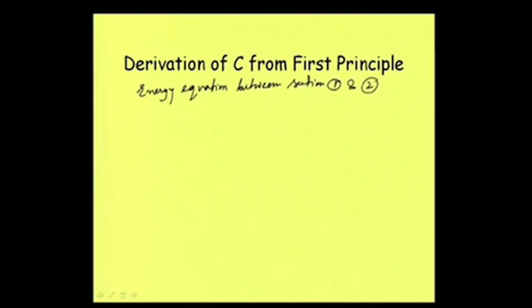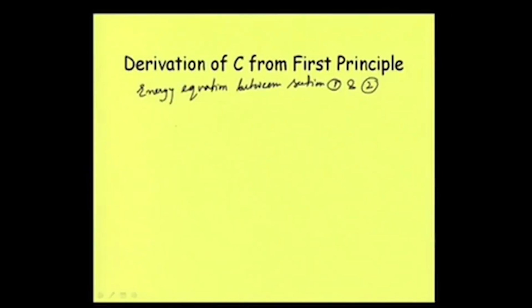That assumption is inherent there. Now let us write the expression: y plus c square by twice g is equal to the depth in section 2, y plus a, plus v square by twice g.